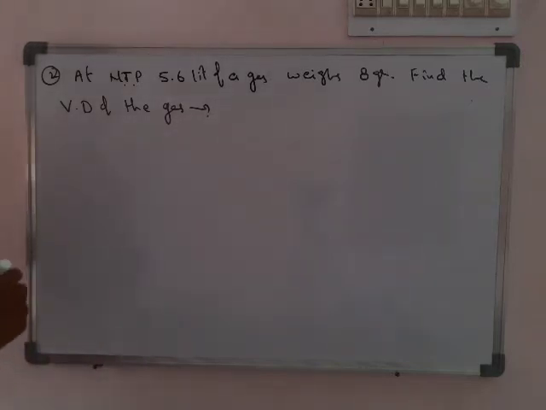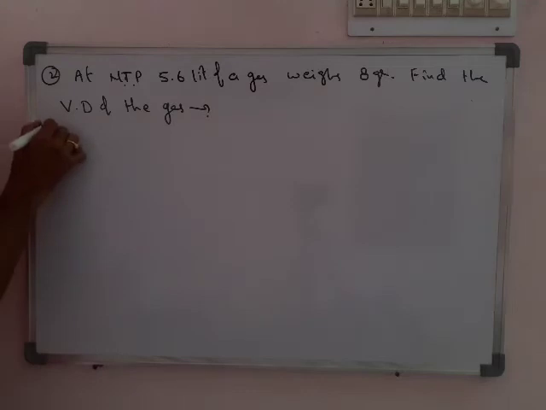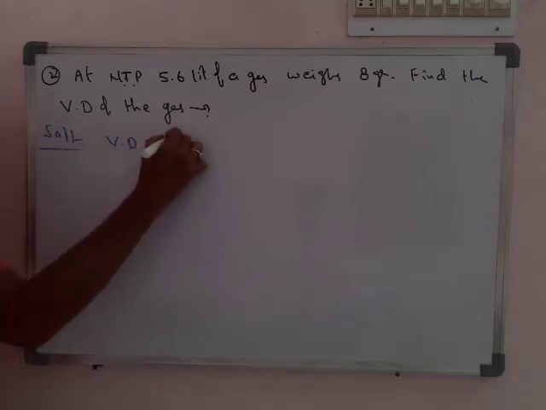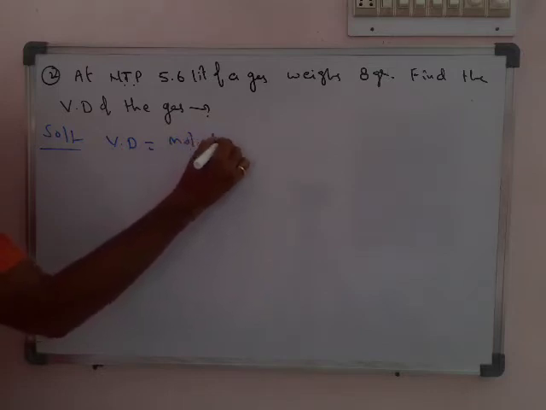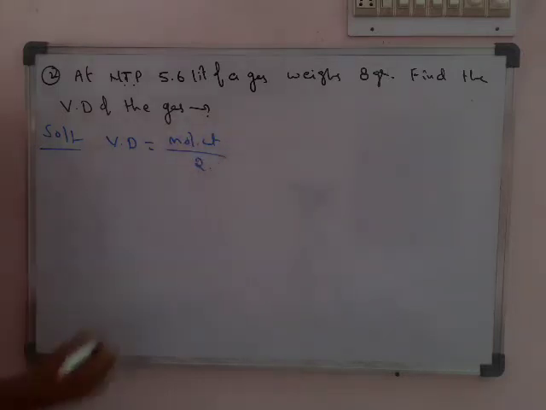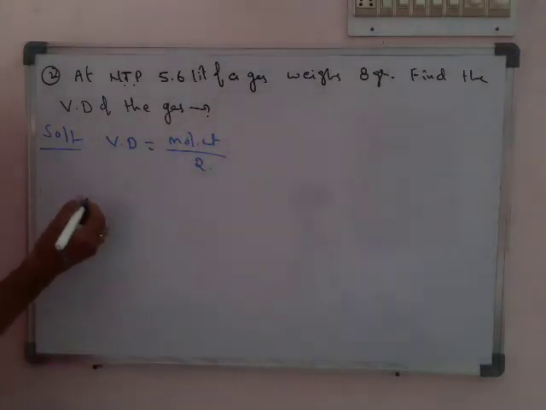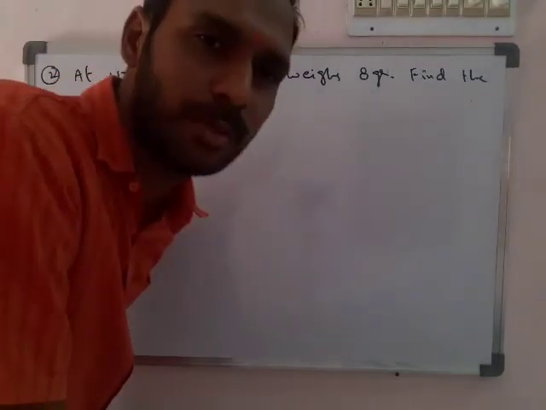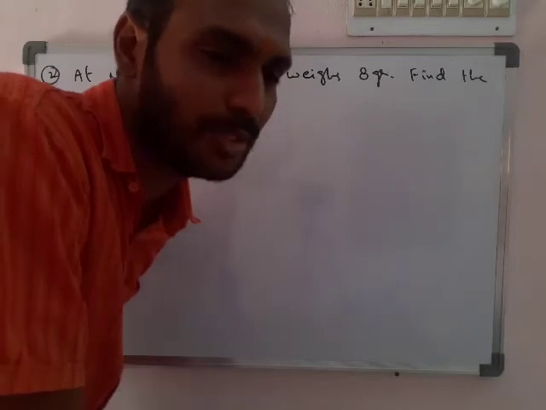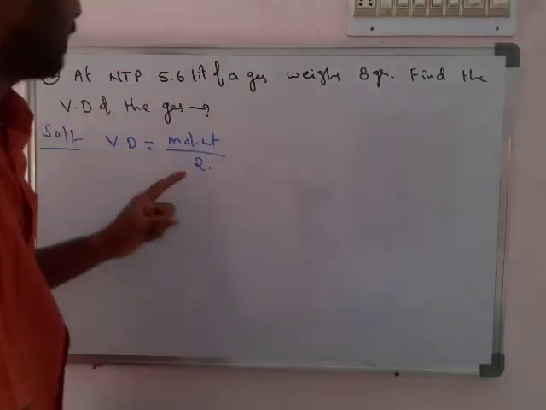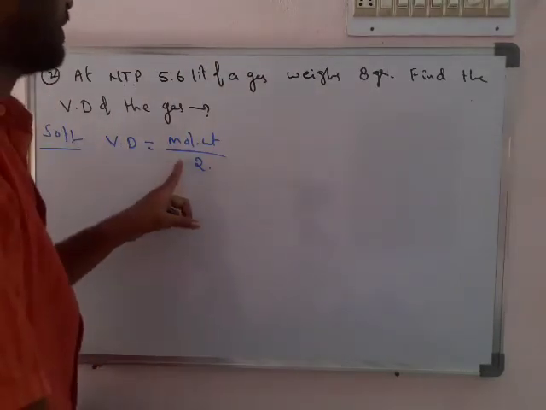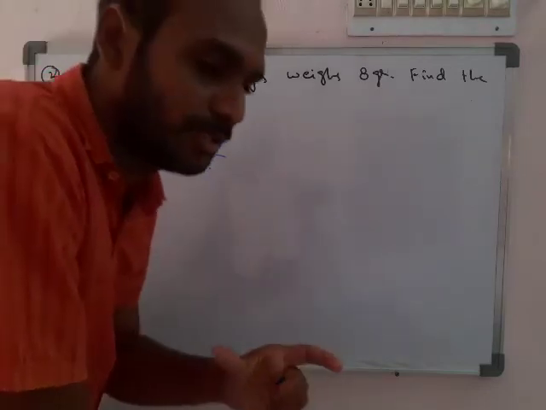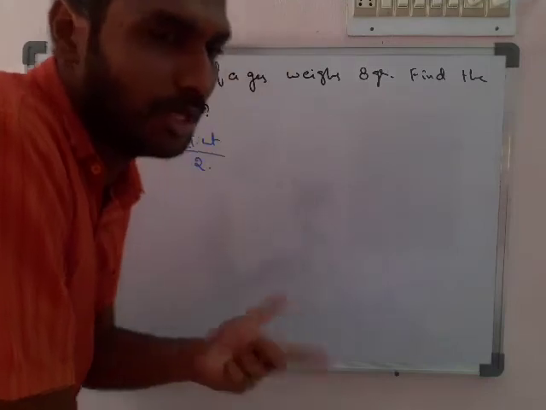Okay, we know vapor density equals molecular weight by 2. So what is the molecular weight? Molecular weight means nothing but the mass of 22.4 liters. Here, see the relation between vapor density, molecular weight, volume and weight.